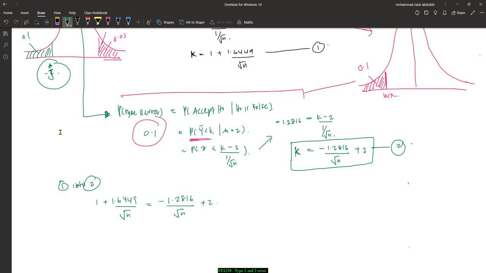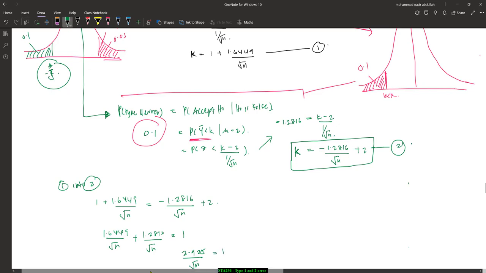Bring it over to the other side. 1.6449 over square root of n plus 1.2816 over square root of n. 2 minus 1 is equal to 1. So this one should be 2.925 over square root of n equal to 1.